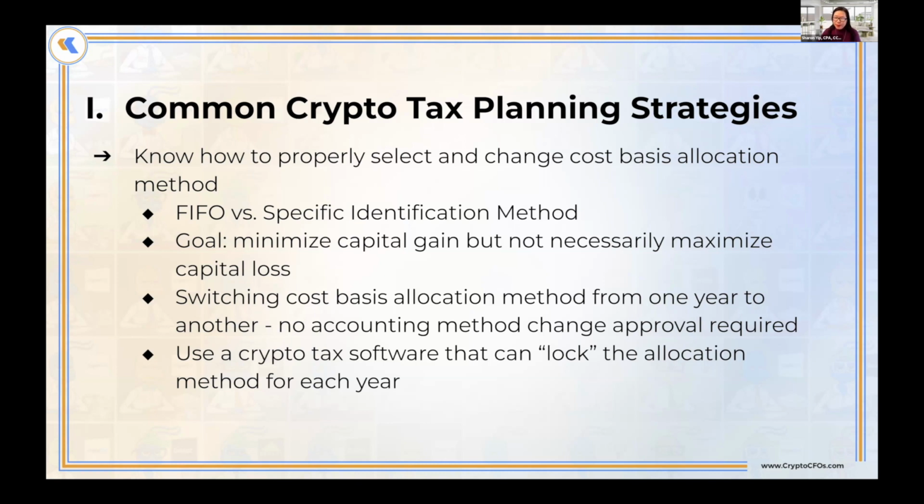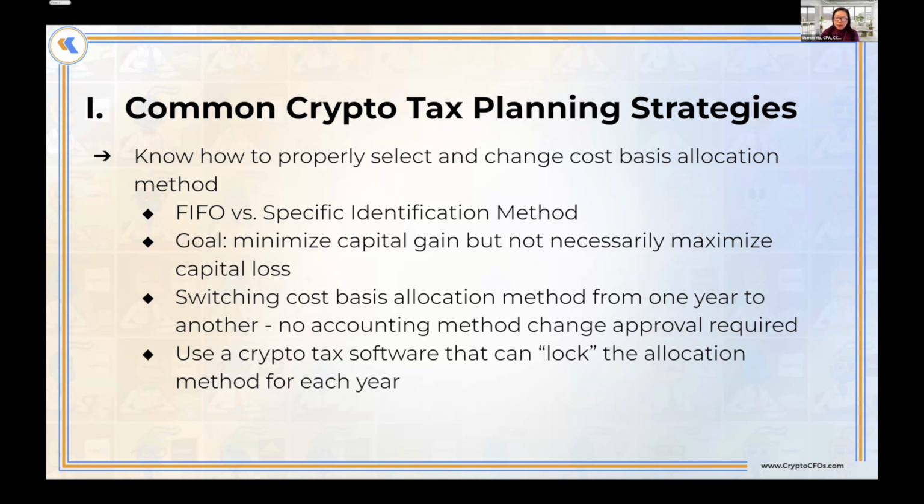From a tax planning perspective, we want to minimize gains to save taxes, but we may or may not want to maximize losses because every taxpayer can only deduct up to $3,000 of net capital loss every year.